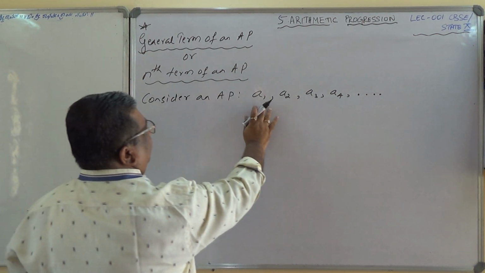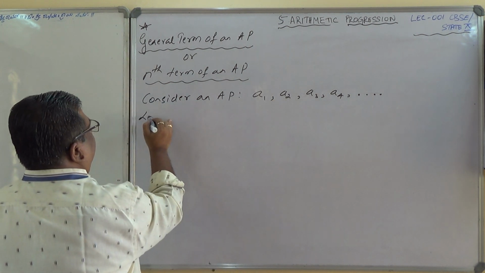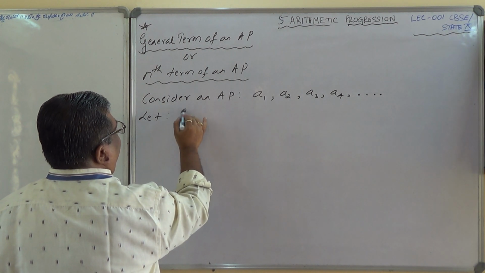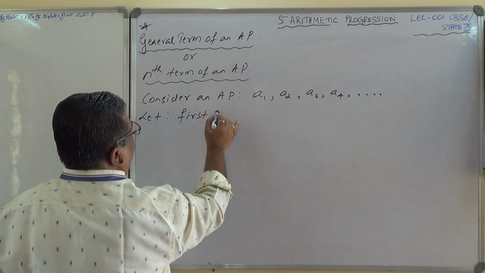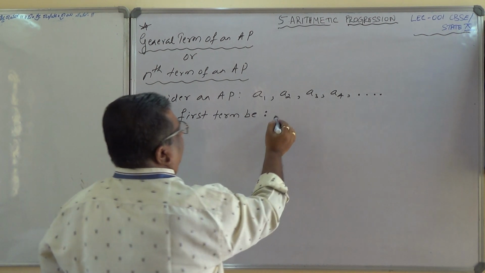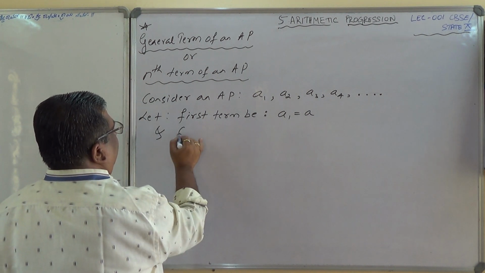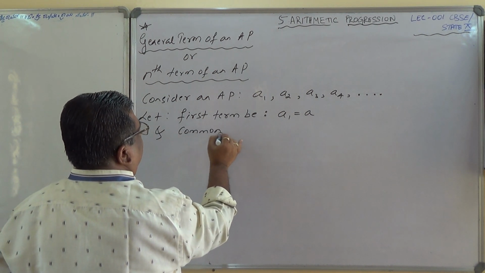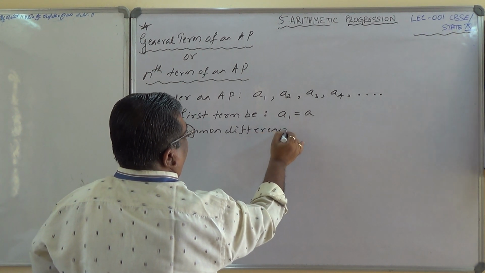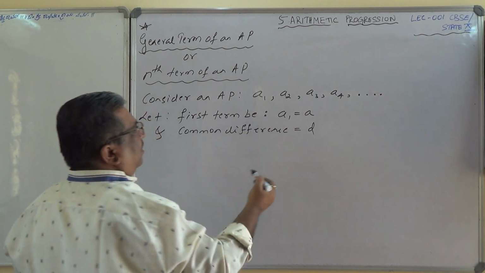Let A be the first term and D be the common difference. Let the first term be A1 equals A and the common difference equals D.